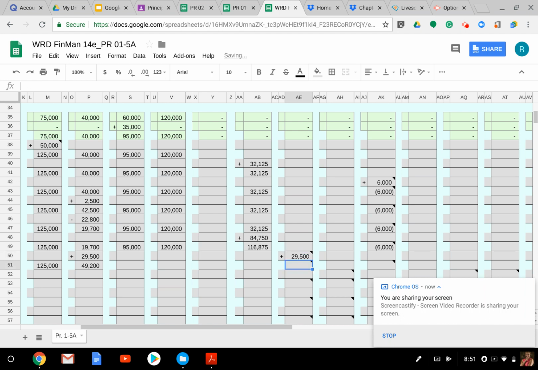Therefore, our balance, and remember, it's an expense, so we're going to write it as a negative amount because we're going to subtract it from total revenue, is $29,500. Therefore, these three also did not change, so we're just going to bring the balance down. As did this one, it did not change. Okay, and that was for your rent expense.